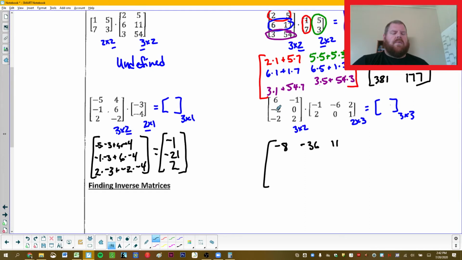Now for the second row, and so again we kind of see where we're overlapping these two matrices, and that dictates where that goes as far as the entry that falls in. Sorry. -2 times -1 is 2. 0 times 2 is 0.